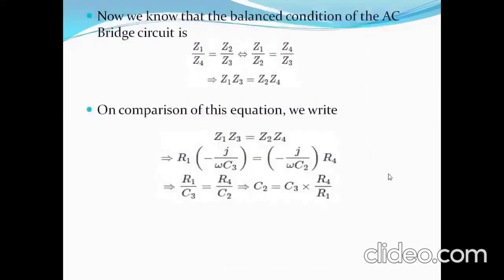Now we know that the balance condition of the AC bridge circuit is Z1 by Z4 equals Z2 by Z3, and from this equation we can write Z1 Z3 equals Z2 Z4. On comparison of this equation we write C2, that means unknown capacitor, equals C3 into R4 by R1.